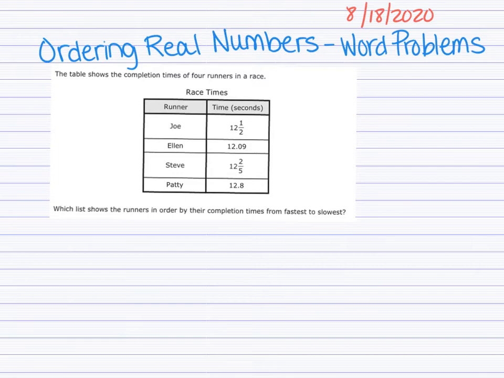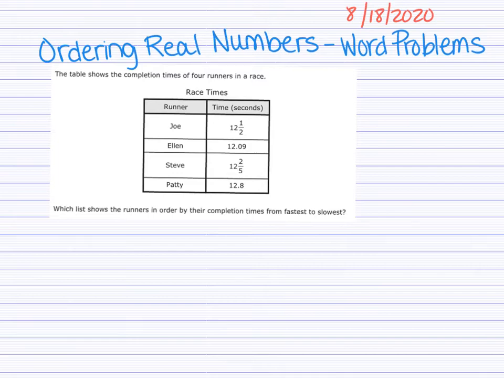If you remember from our video yesterday, if you go back and look at your notes, we have some words and phrases that help to indicate whether or not we are ordering from greatest to least or from least to greatest.